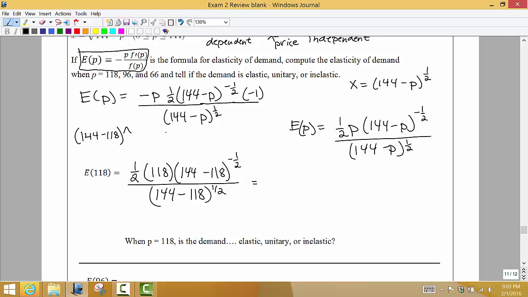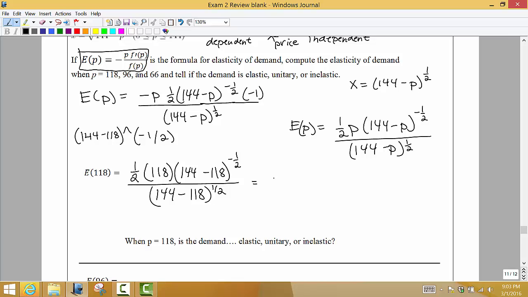You'll use the little caret symbol, and we want to make sure that the power is not just negative 1, but negative 1/2. So I recommend that you put parentheses, type in the negative 1 divided by 2, and then close your parentheses. That way you're raising it to the entire power of negative 1/2 and not just the negative 1.